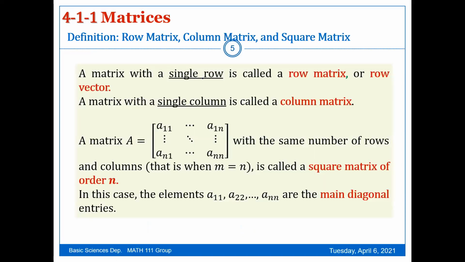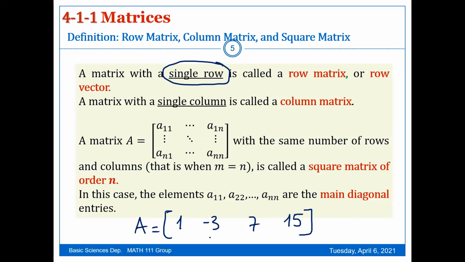Special cases: a matrix with a single row. What does a single row mean? 1 row. For example, 1, minus 3, 7, 15. Here we have a single row. What is the order of A in this case? 1 times 4. M is 1, a single row. It's called a row matrix.